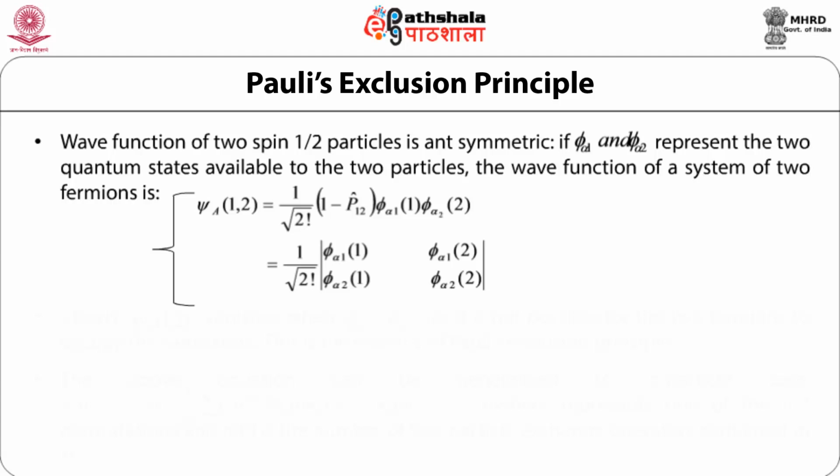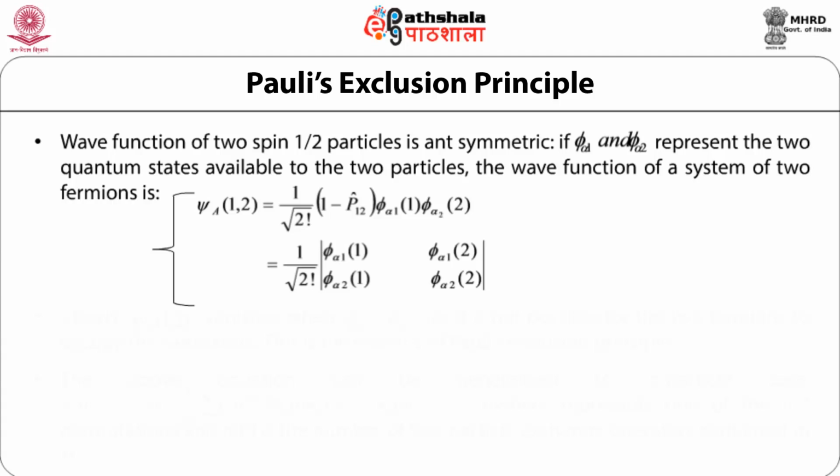That is, mathematically it can be written as 1 upon under root 2 factorial whole times determinant of phi subscript alpha 1 1, phi subscript alpha 1 2, in the second row phi subscript alpha 2 1, phi subscript alpha 2 2, where phi subscript alpha 1 1 represents the first fermion in state alpha 1, and phi subscript alpha 1 2 represents the second fermion in the state alpha 1.